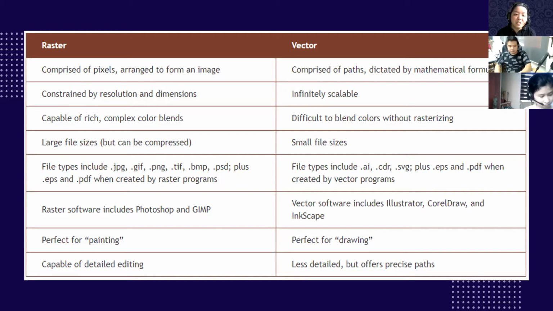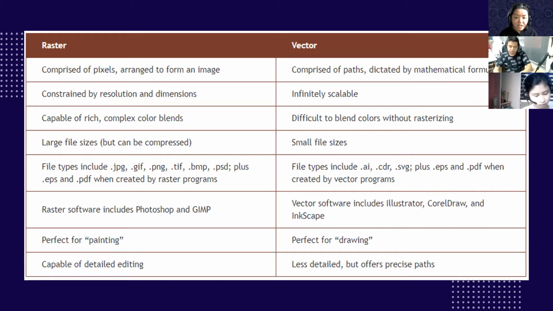Okay? As long as they're made by Photoshop or any other raster programs. So it can be Canva, or the apps on our phones that edit photos. Those are called raster programs simply because they edit raster graphics or images. Okay. So, raster software, again, Photoshop, simply because it edits JPEG, right?